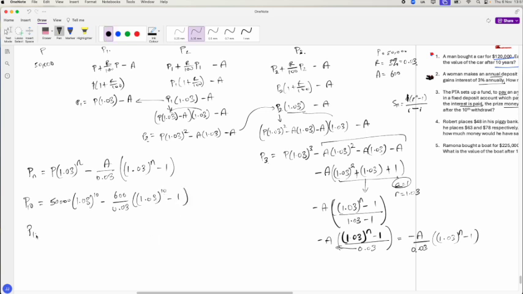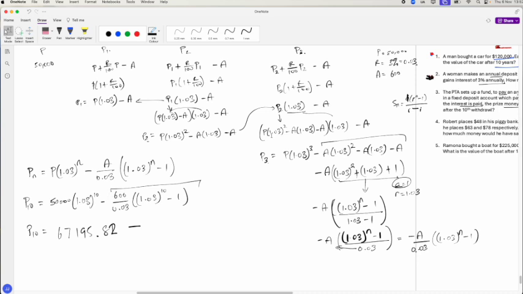So P10 is going to give us 1.03 to the power of 10 times 50,123, and that is 67,195.882, we'll call it.